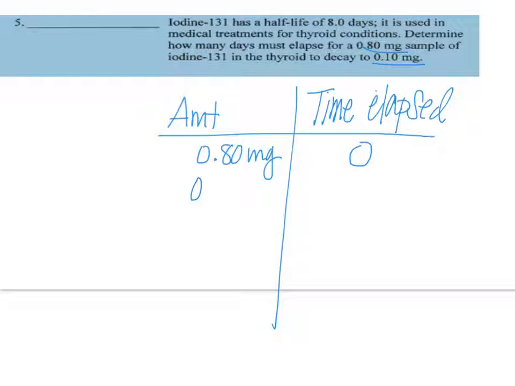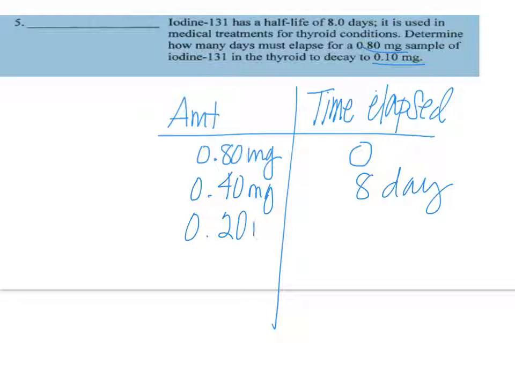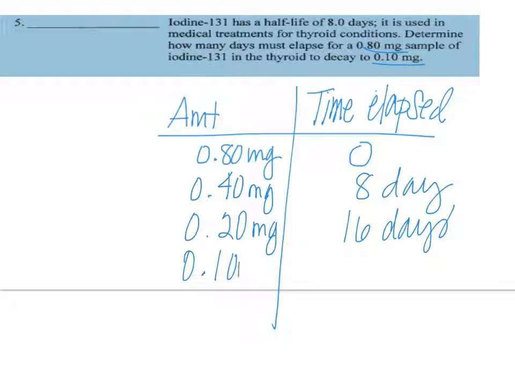So after one half-life, we would go to 0.4 milligrams, and of course that would be 8 days that passed. We decay it another half-life, and we'd go to 0.2 milligrams, and of course that would be 16 days. And then we go to the 0.1, which is what it's asking for.